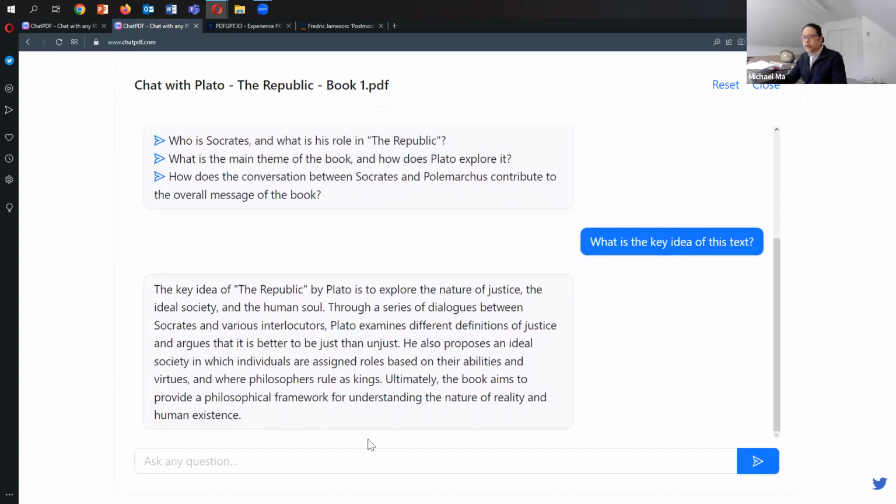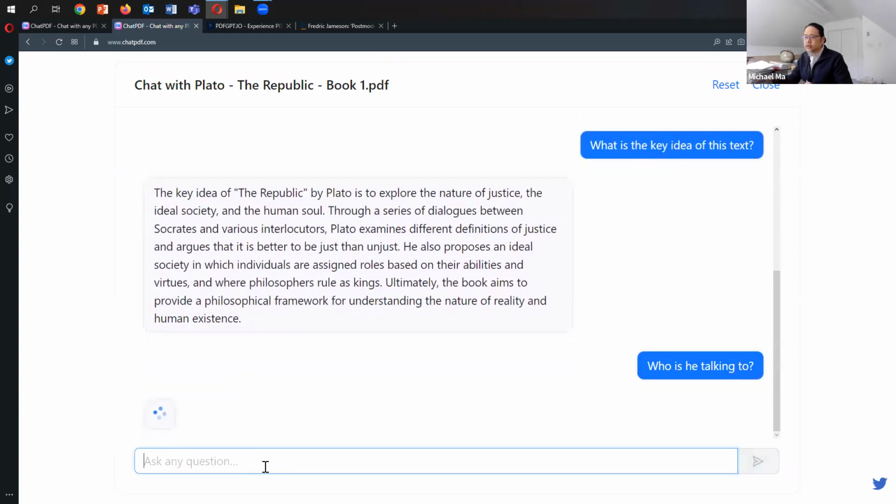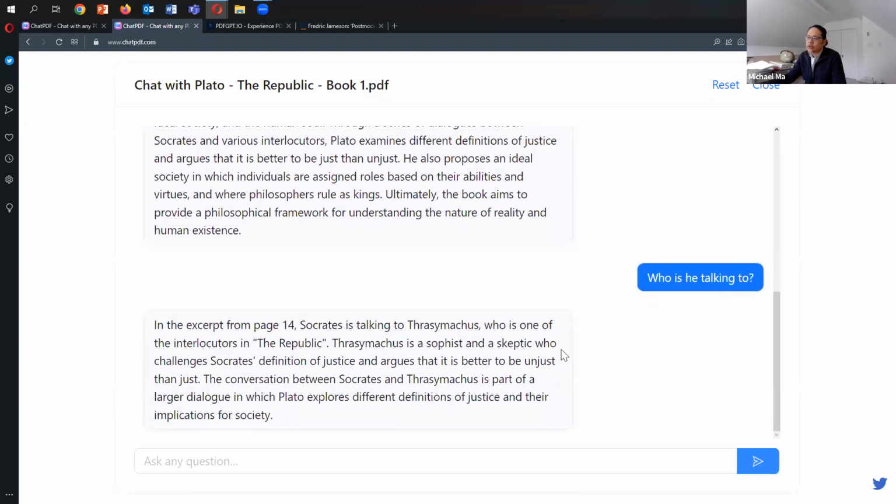Okay, so I can say, who is he talking to? So it says in the excerpt from page 14, Socrates is talking to Thrasymachus, who's one of the interlocutors in the Republic.